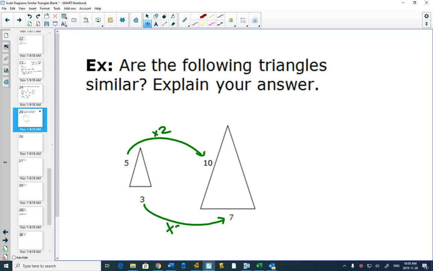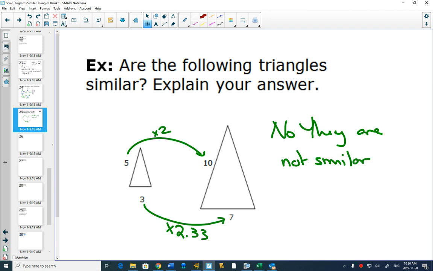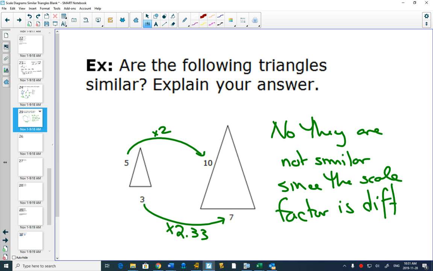This actually is multiplied by 2.33. No. They are not similar. Since the scale factor is different.